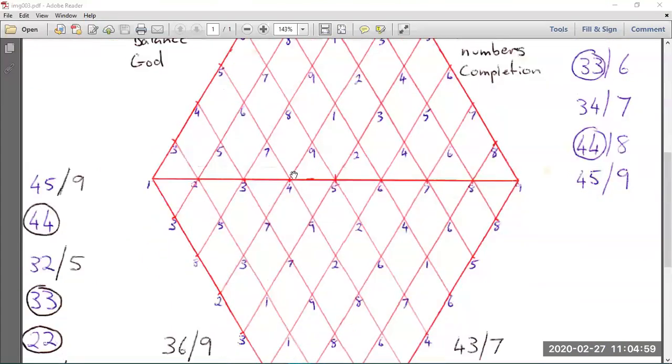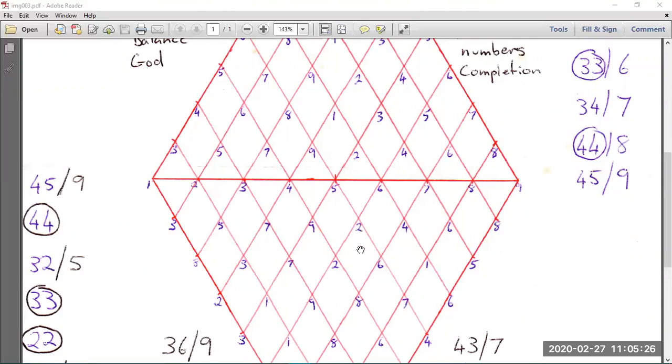Now, the bottom line here, we have 2 and 3 equals 5, and it's added up line for line. So here 4 and 3 is 7, 4 and 5 is 9, 5 and 6 equals 11, 1 and 1 is 2. Now on this, then we add this line up.